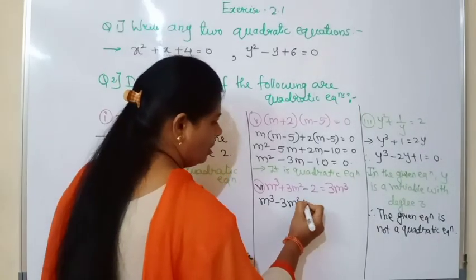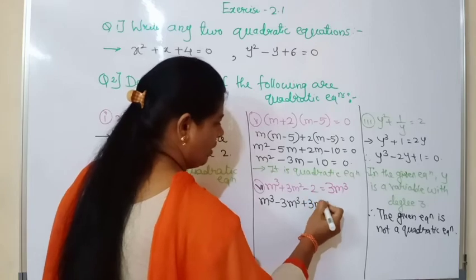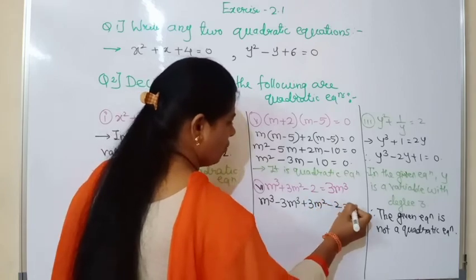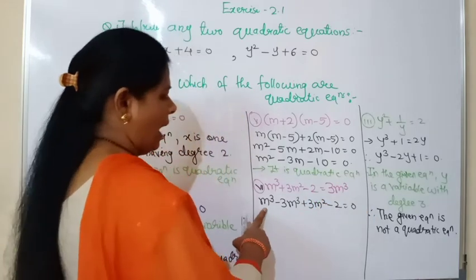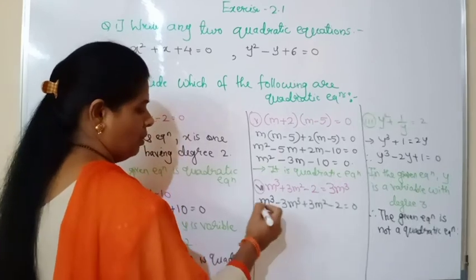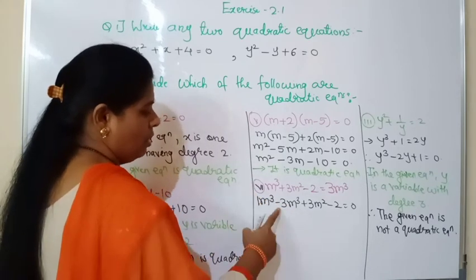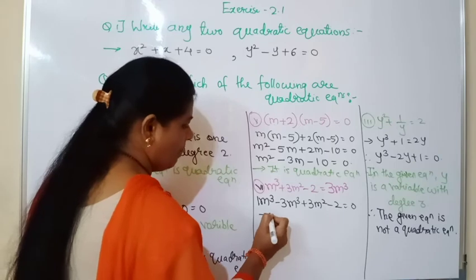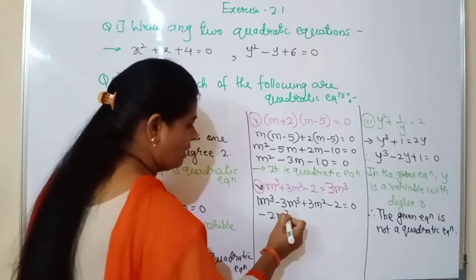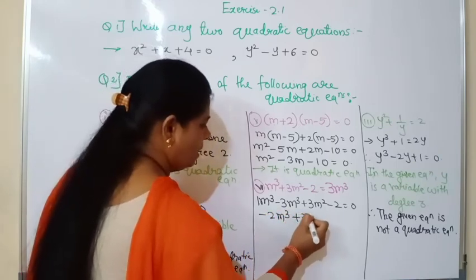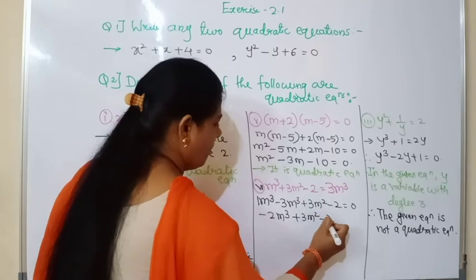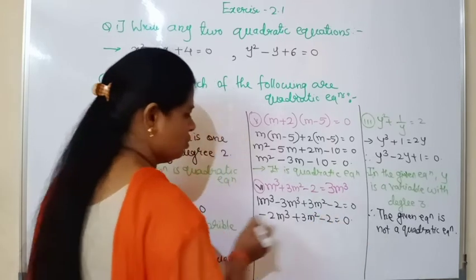Okay, now plus 3m square minus 2 equal to 0. Okay, now m cube minus 3m cube. M cube is what? 1m cube. So 1 minus 3 is what? Minus 2. So minus 2m cube plus 3m square minus 2 equal to 0.